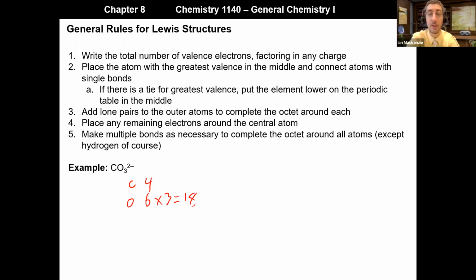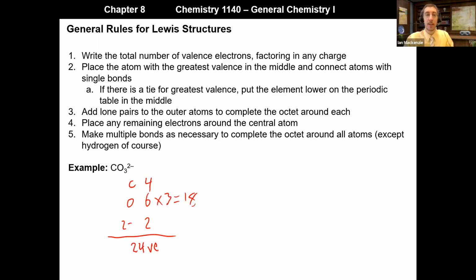I also have a charge to factor in. It's a minus charge, so I have more electrons: 2- means I have 2 extra electrons, giving me the -2 charge. Summing all of this up, I come out with 24 valence electrons, and I've satisfied rule number 1, the total number of electrons.